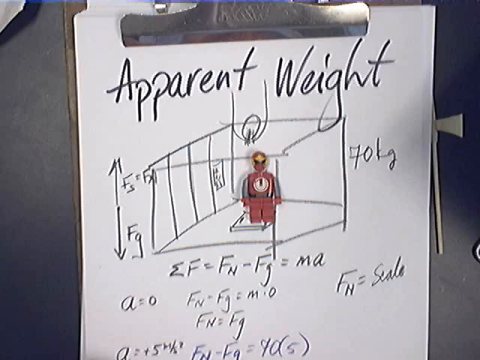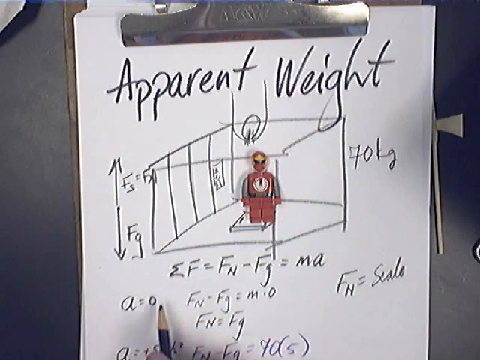Well, the normal force has to equal 70 kilograms times 5, which is 350, plus the force of gravity, which is mass times gravity, my mass 70 times 10, 700. That's why I use 10. So I end up with 1050 newtons.